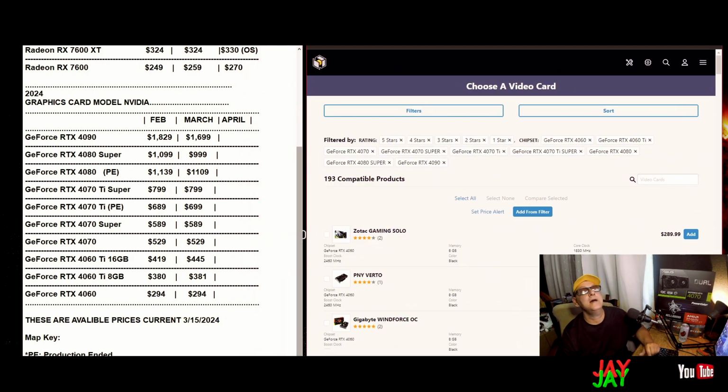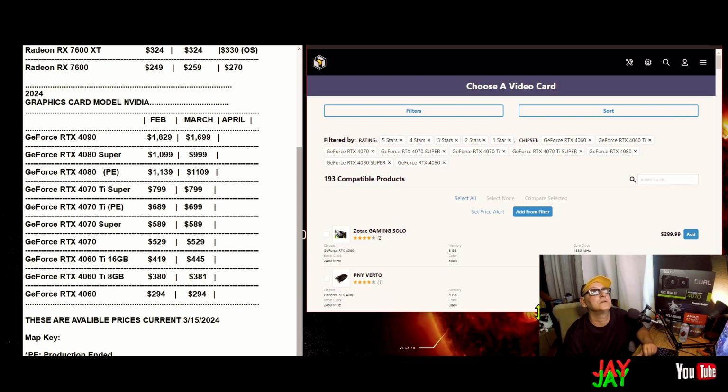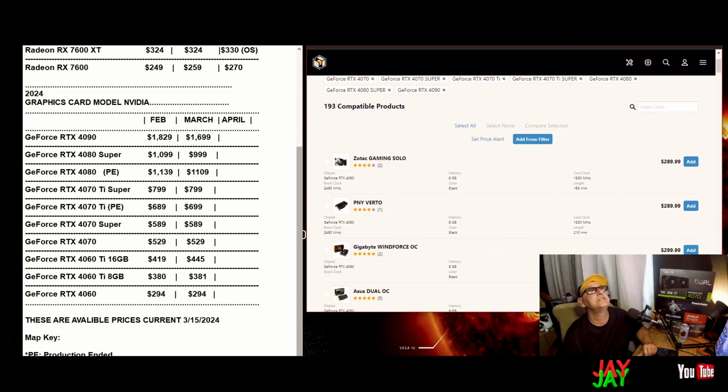Now you're going to see the prices right here. So let's shrink it a little bit. This is the Zotac Gaming Solo, the 4060, for $290.